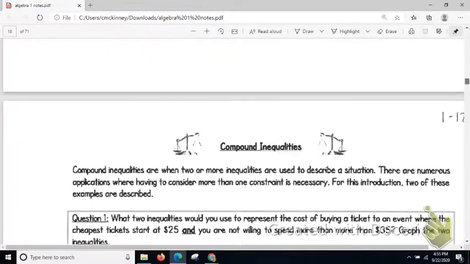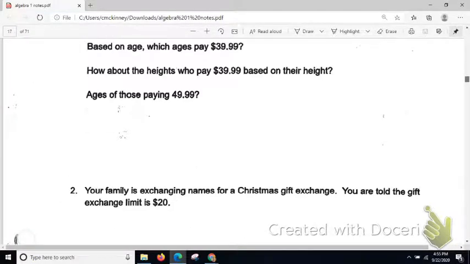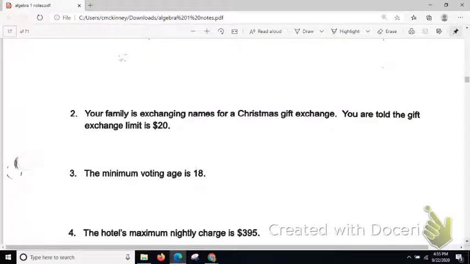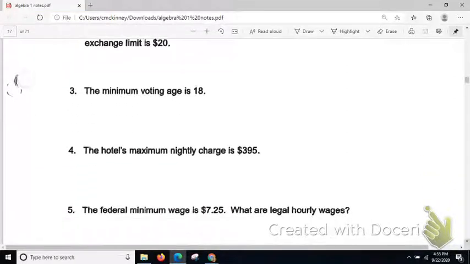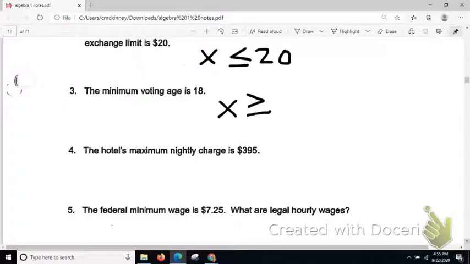So if you were told you're doing a gift exchange and there's a limit of $20, then that would mean we can spend less than or equal to $20. And we've used some of these words. They were in our notes yesterday. So minimum voting age is 18. That means people greater than or equal to 18 can vote.